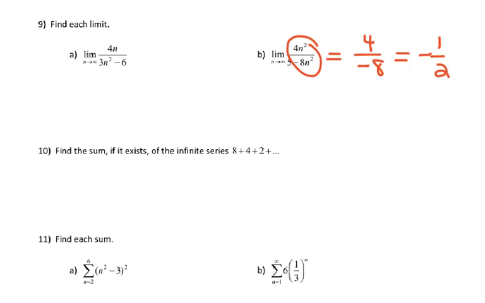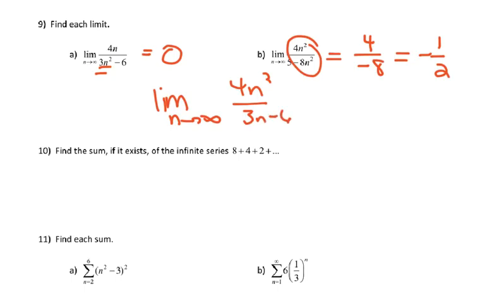If the biggest exponent of the variable was in the denominator, then the limit was 0. But if you had a limit of an expression and the biggest exponent of the variable is in the numerator, then we said that the limit did not exist, or there's no limit.